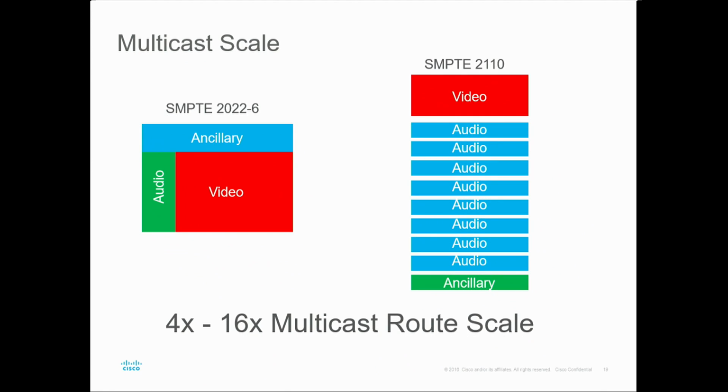So another consideration for 2110 for the fabric is the multicast scale. Why is that? In 2022-6, we had everything in a single flow. And again, remember, the flow translates into a multicast scale, right? So you have 10,000 flows. This translates into 10,000 multicast flows.